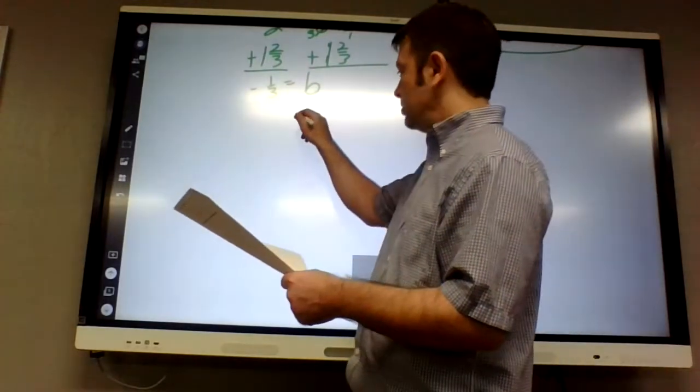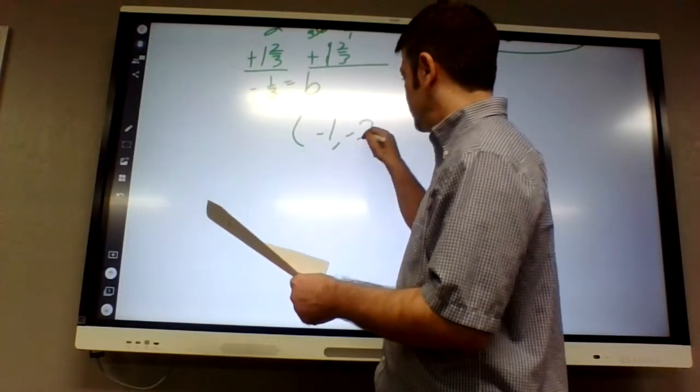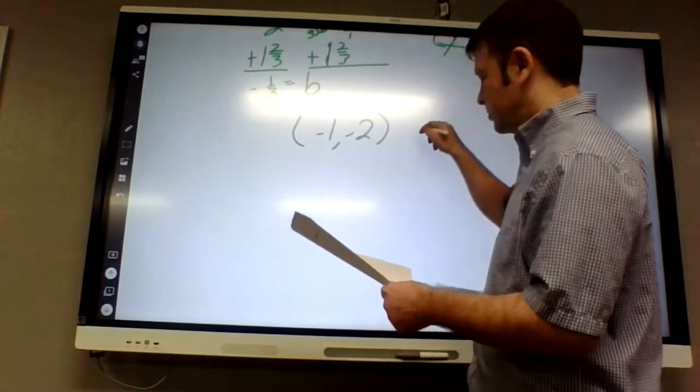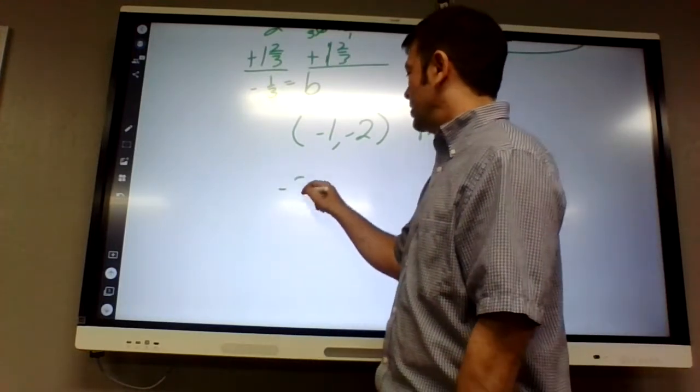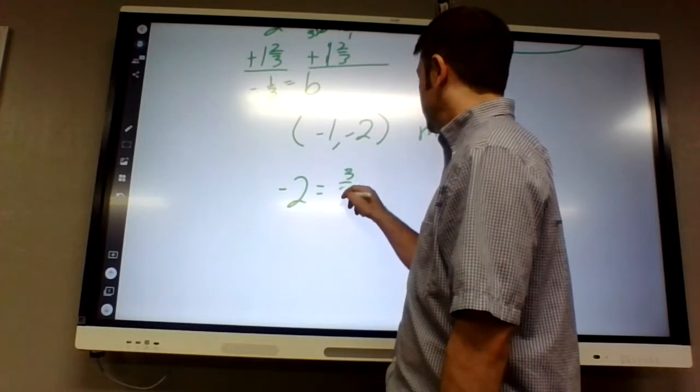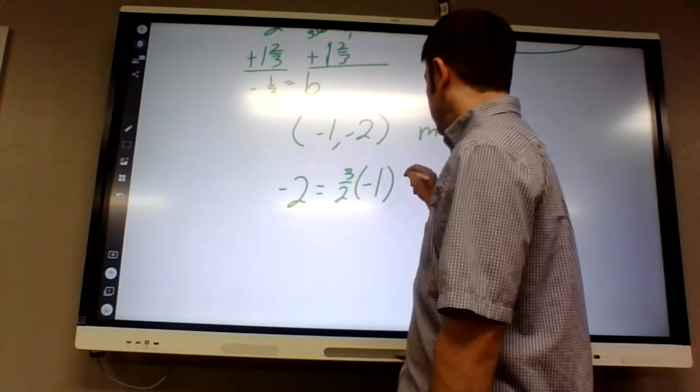Then, through negative 1, negative 2, slope is 3/2. So y equals mx plus b.